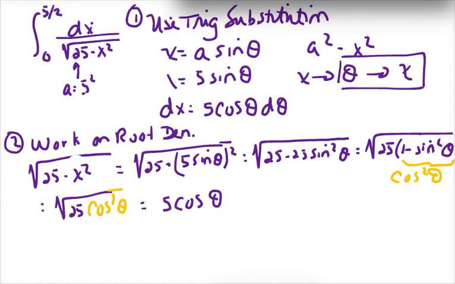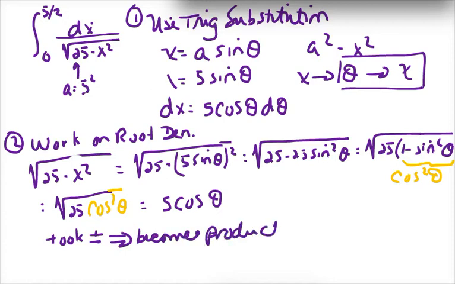Effectively, as I mentioned in the earlier slides, we took a term that was added or subtracted, in this case subtracted, and it becomes a product, which will be easier for us to work with. That's always the goal, to get to an easier integral.